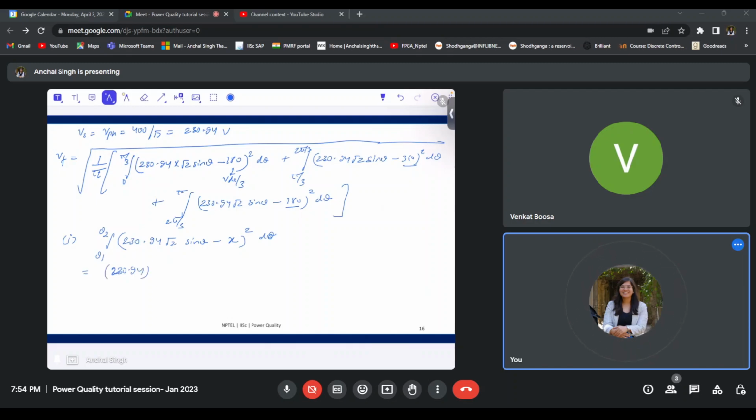230.94 square into theta 2 minus theta 1 minus sine 2 theta 2 minus sine 2 theta 1 by 2, plus x square into theta 2 minus theta 1, minus 653.19 into x into cos theta 1 minus cos theta 2.